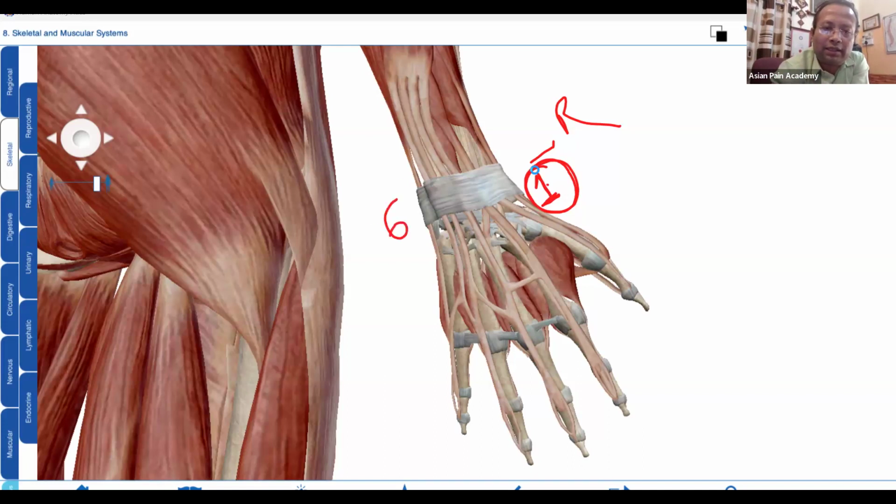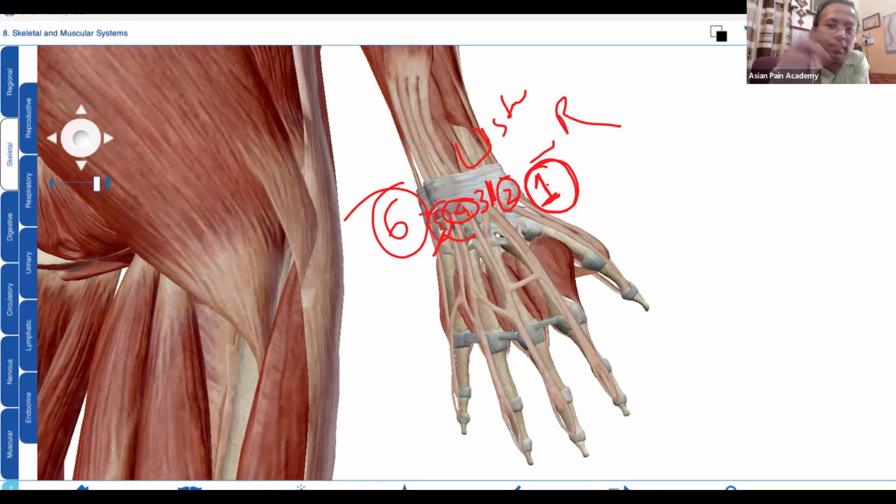Here is the 6th compartment, and in between them we will find all the other compartments. Here is the Lister tubercle. Another compartment is here, which is 2, and just by the side of the Lister tubercle it is 3. Then comes compartment number 4, and just above the distal radioulnar joint there is compartment number 5.